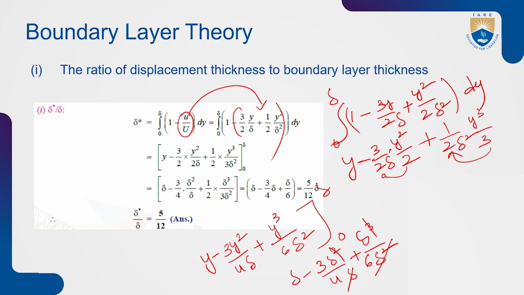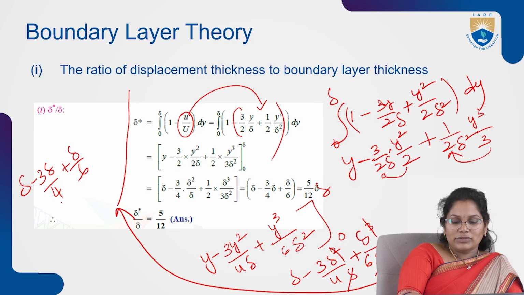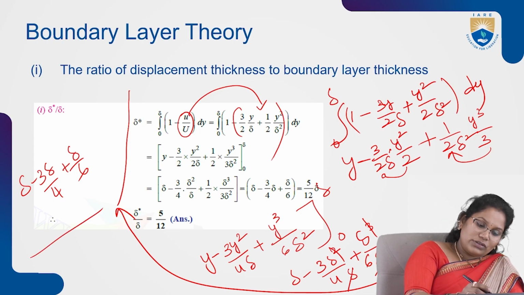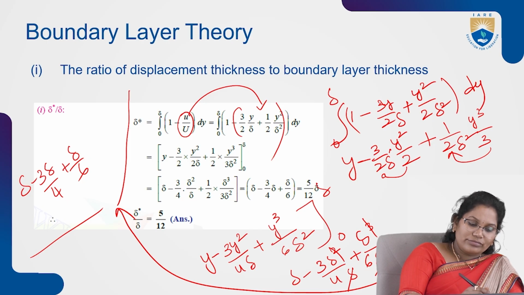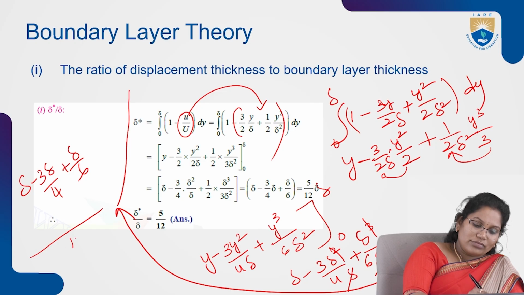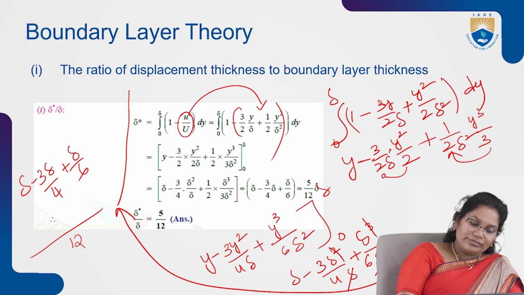So what you are getting here, I'm writing here: delta minus 3 delta by 4 plus delta by 6. So when you solve this, with 6 and 4, you will get 12 as the LCM, right?